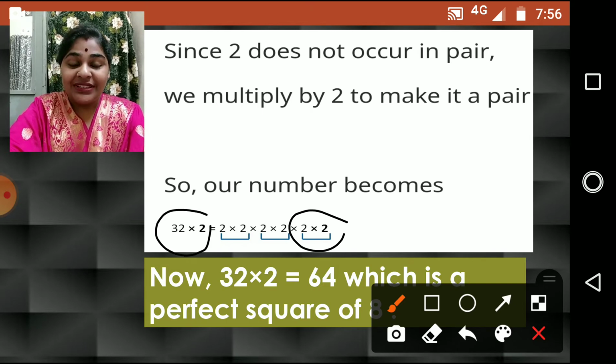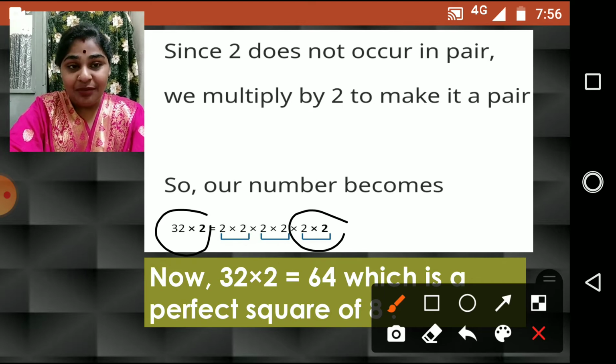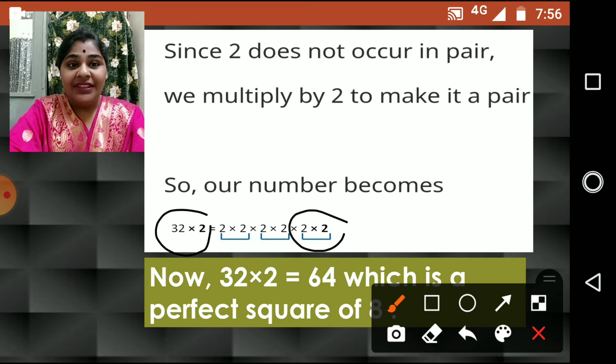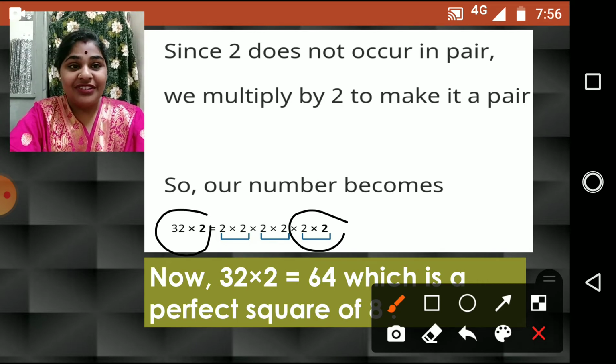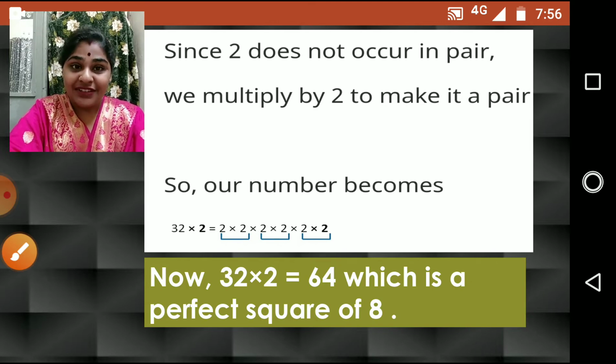So both sides we multiply the same number: 32 multiplied by 2, and the right hand side again multiplied by 2. Hence 32 into 2 we get 64, which is now a perfect square.